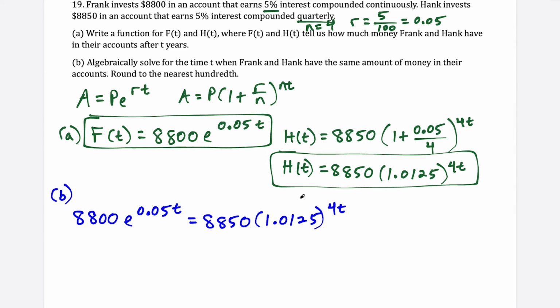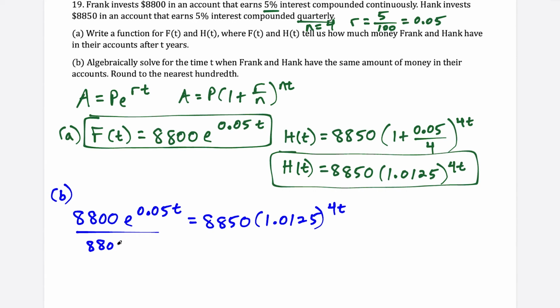This equation is a little tricky to solve, but what I would do first is get the constants to one side. So the 8,800 and the 8,850, I'm going to put them on one side of the equal sign. I'm going to divide both sides first by 8,800.